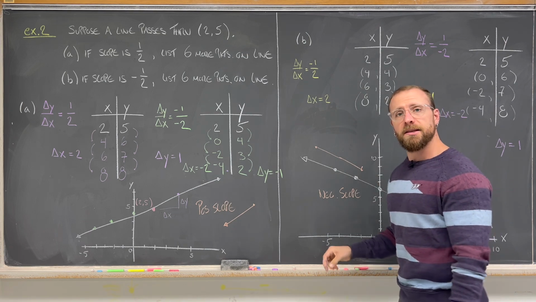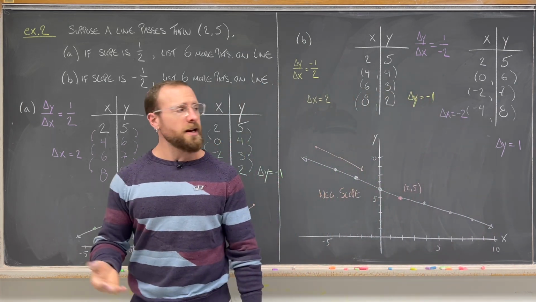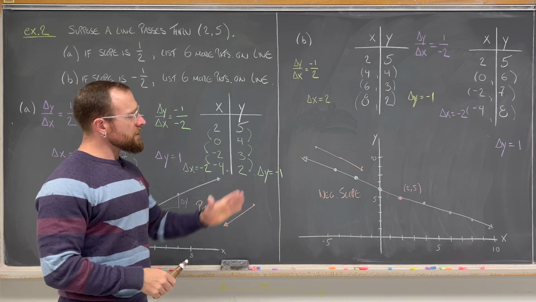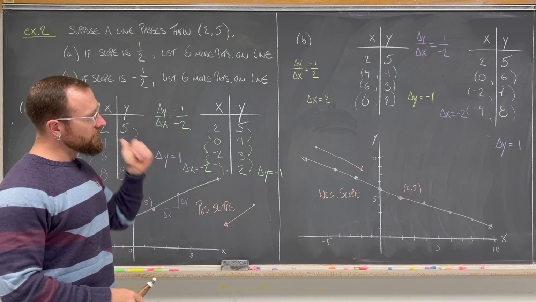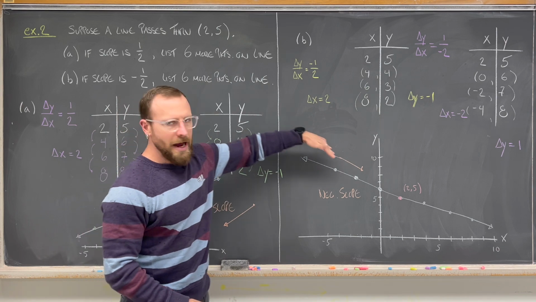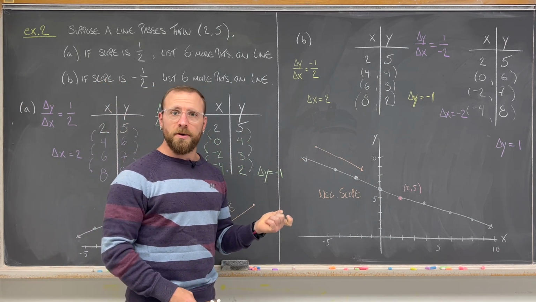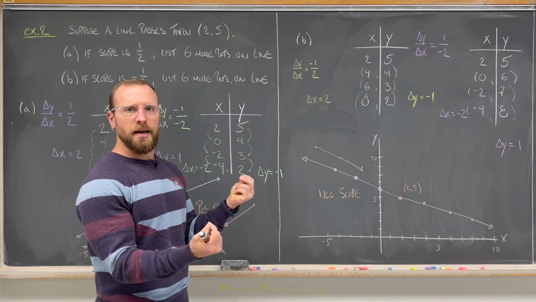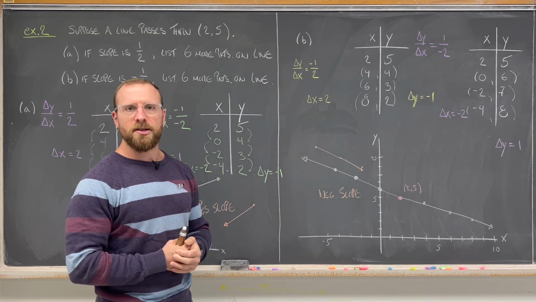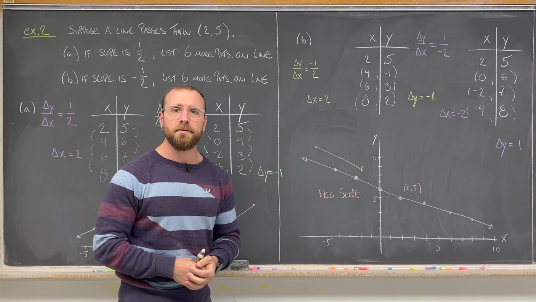So at a glance, you can tell whether the slope of a line is positive or negative simply based on how it's slanted, whether it goes up and to the right or whether it goes down and to the right. To actually calculate numerically what the slope is, you have to look at 2 points on it and calculate it according to the formula for slope. But positive and negative you can see at a glance.